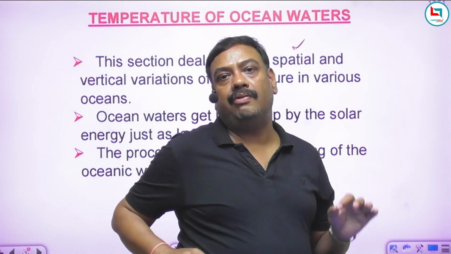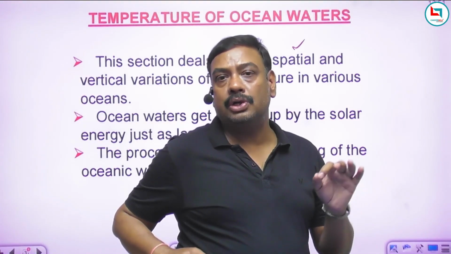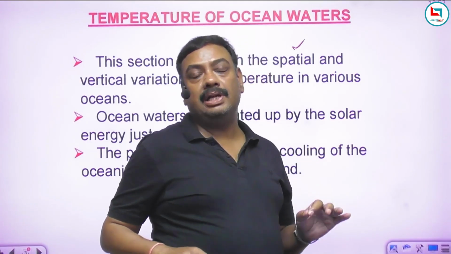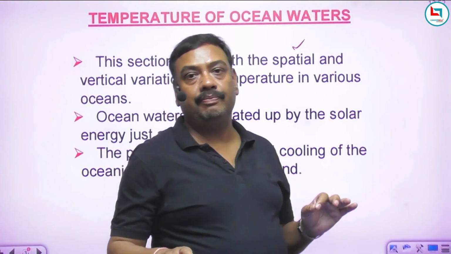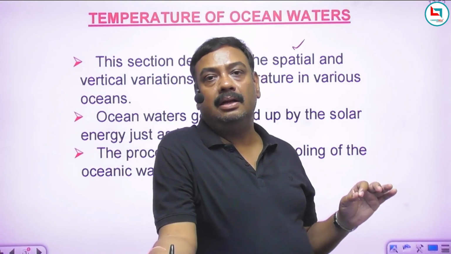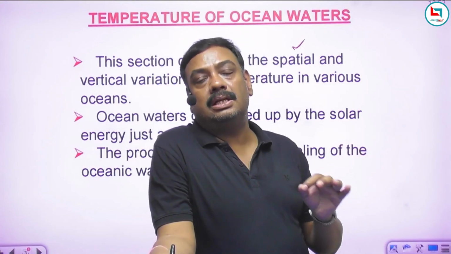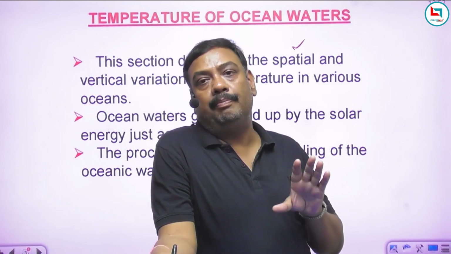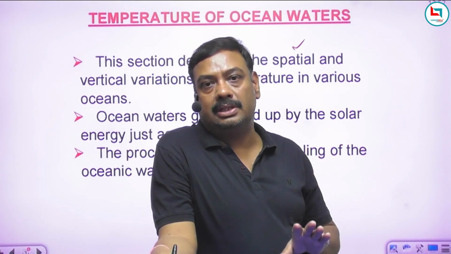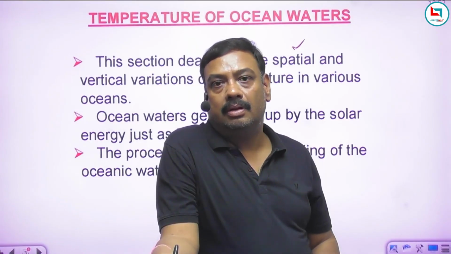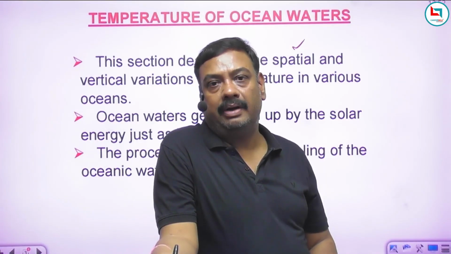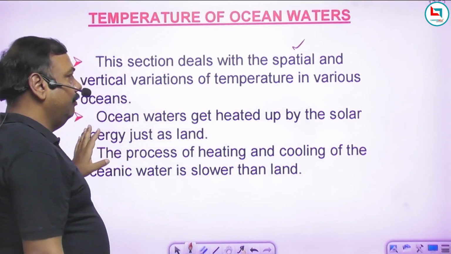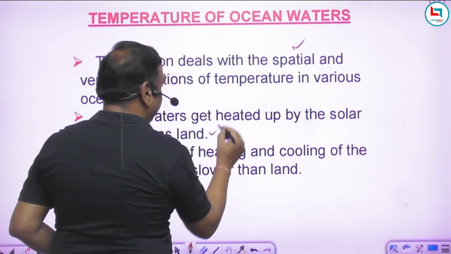Land is not transparent, land is opaque, ocean water is transparent, and so the radiation received from the sun is received on the surface of the earth or a little deeper below the ocean surface in the water, right? So we made it clear. Okay.